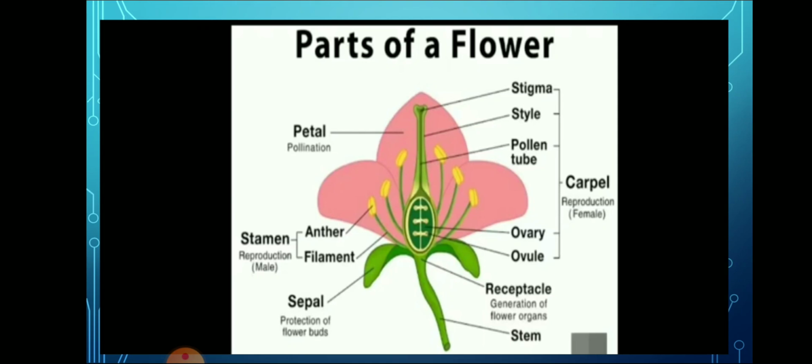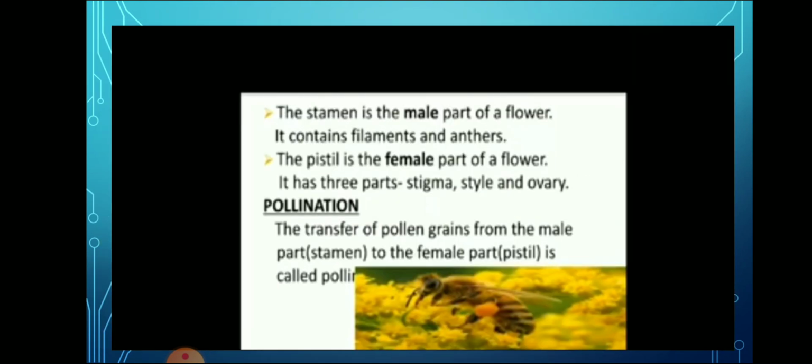And on another side we see anther and filament. These two are jointly known as male parts and we call it stamen. Sepal, protection of flowers, and receptacle, generation of flower organs, and the lower part of the flower is known as stem. The stamen is the male part of a flower.